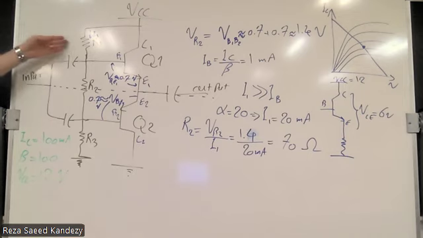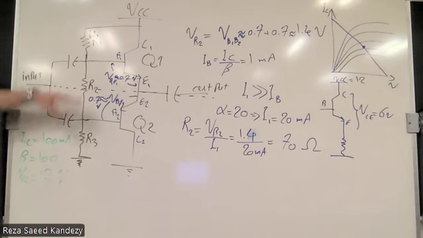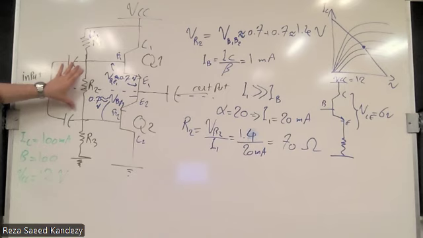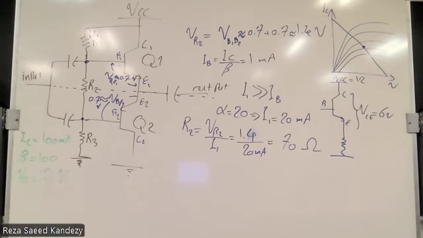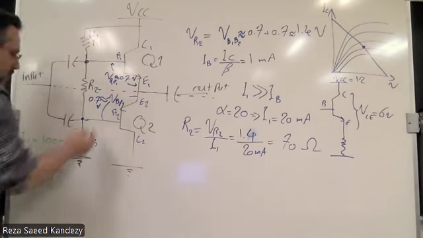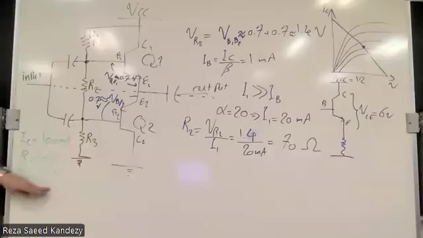Now, how about R1 and R3? This is a voltage divider. Okay? The voltage between these two points, the two bases, is 1.4, and the whole voltage from VCC to the ground is 12.